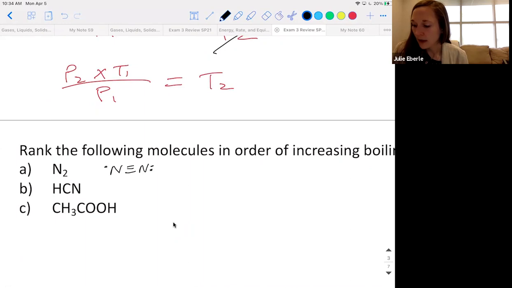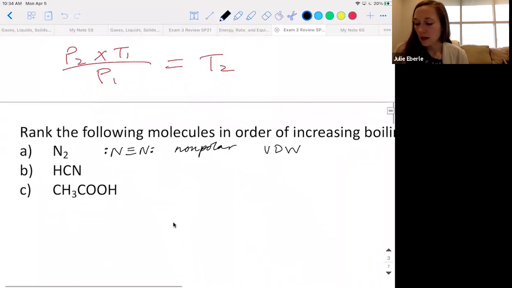You got 2 identical atoms bonded together. This is nonpolar. The electronegativity difference is 0. So London dispersion or van der Waals. I'm going to write VDW, van der Waals. Or London dispersion is fine. HCN, what do y'all think about this molecule? Here's what HCN looks like.